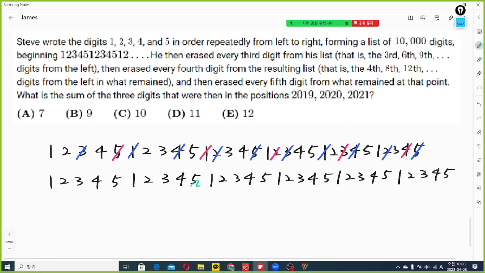And you are going to remove the fifth digit in the remaining numbers. Once again, because the last number is removed from the top list, the same thing will happen in the bottom list. So this means this pattern repeats in the interval of 30 numbers.